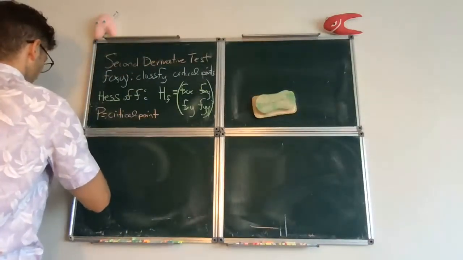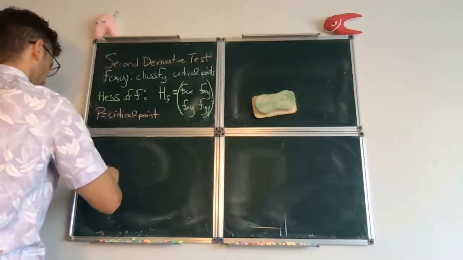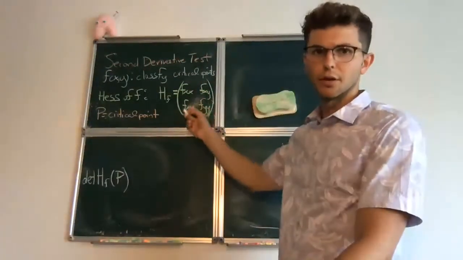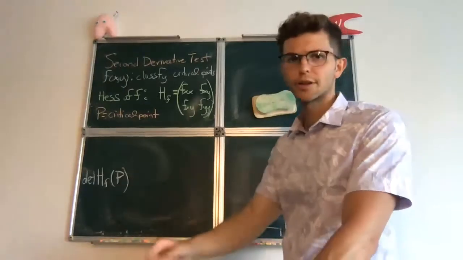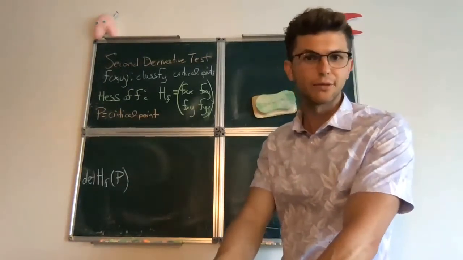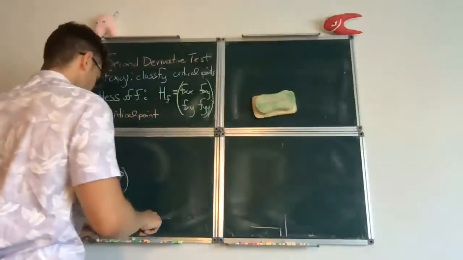So you will compute the determinant of this matrix evaluated at the critical point. That's a number. A number can be either positive, negative, or zero, right?